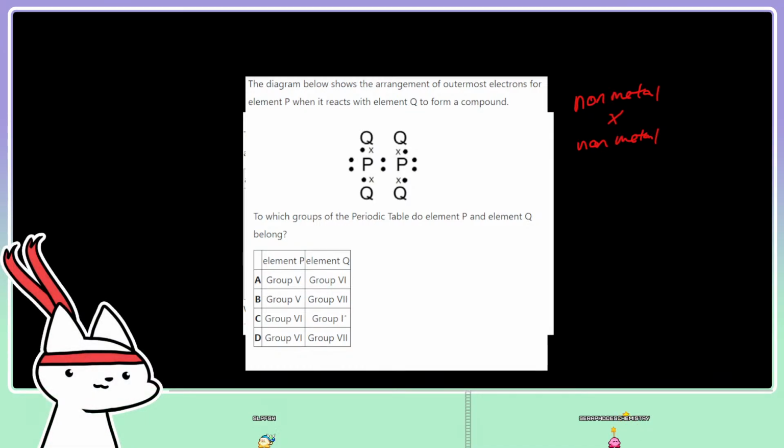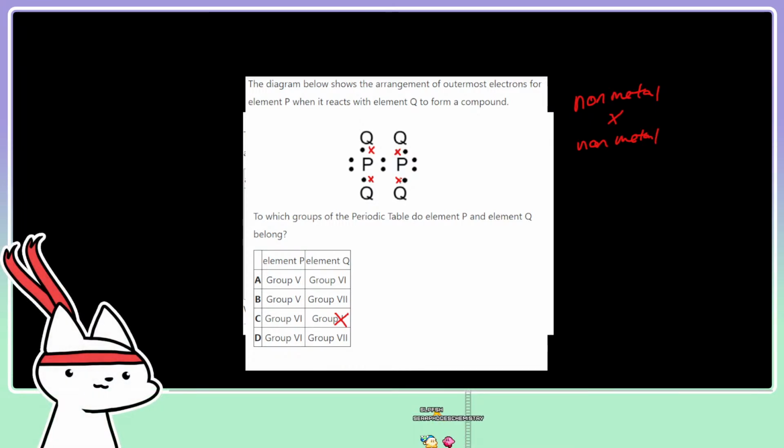Group 1 is a metal, so group 1 cannot be involved. The trick lies in that a lot of students say, hey, Q only gives 1, so it must be group 1. That's not true. Only non-metals can share electrons. So in other words, C is out.